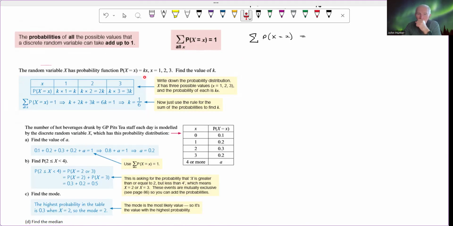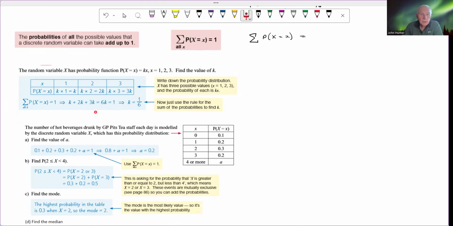Okay, so if we put these in a table, then what we've got is the probability of the random variable taking a value: 1 is k, 2 is 2k, 3 is 3k. What's k? Well, what we know is that these must add up to 1. So k plus 2k plus 3k equals 1. Well, that's 6k equals 1, so k equals 1/6.